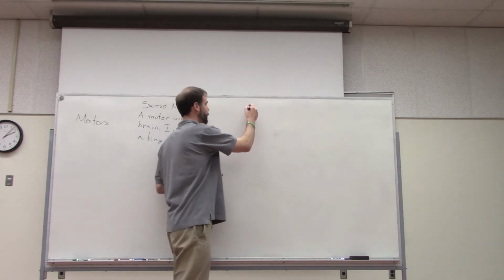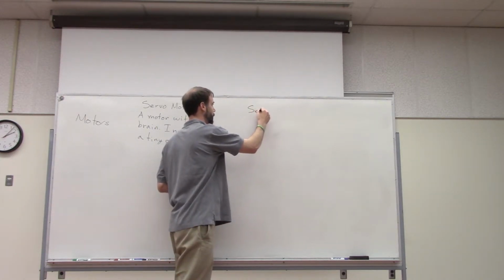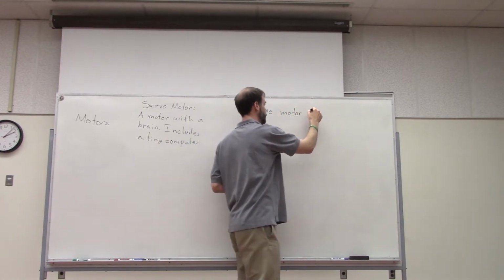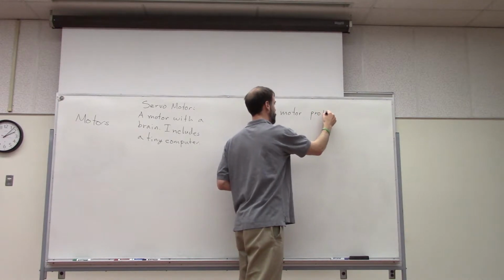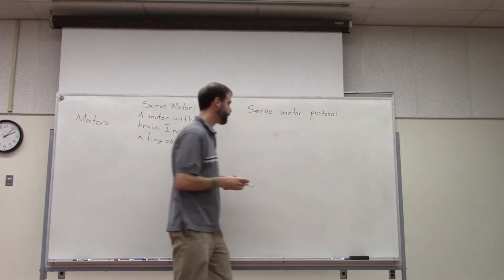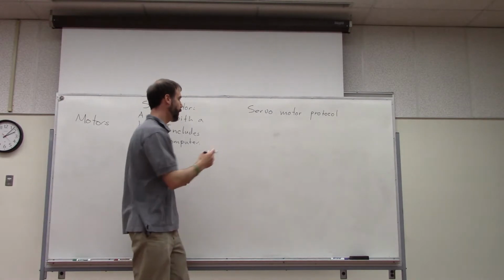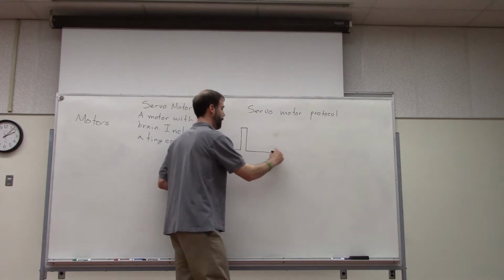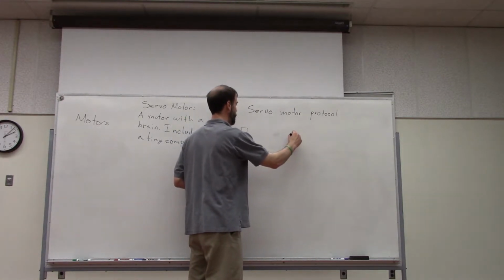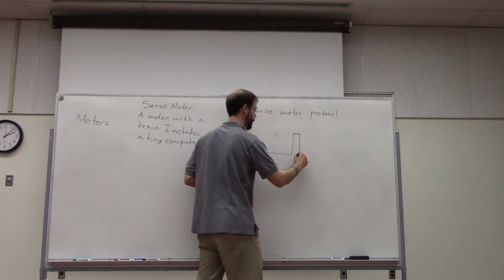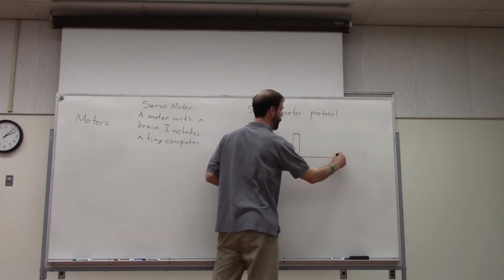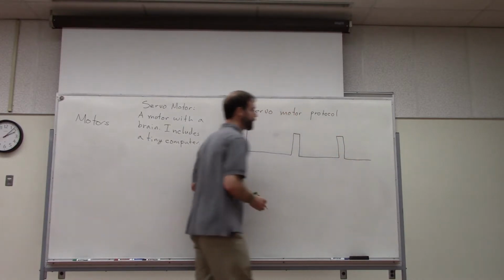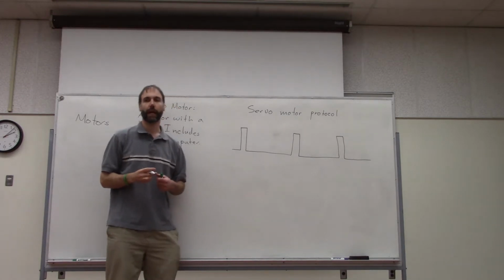So let's describe what that is. The way that it works is that we send a series of voltage pulses to the motor. And then the width of the voltage pulse, in other words, the duration, the length of time that it lasts, tells the motor how quickly to turn.